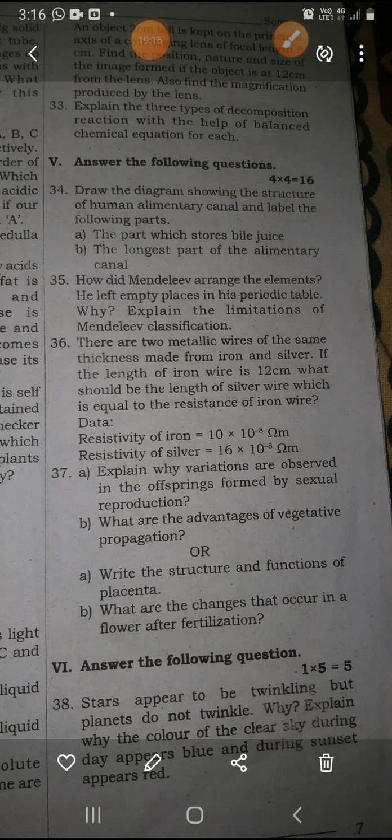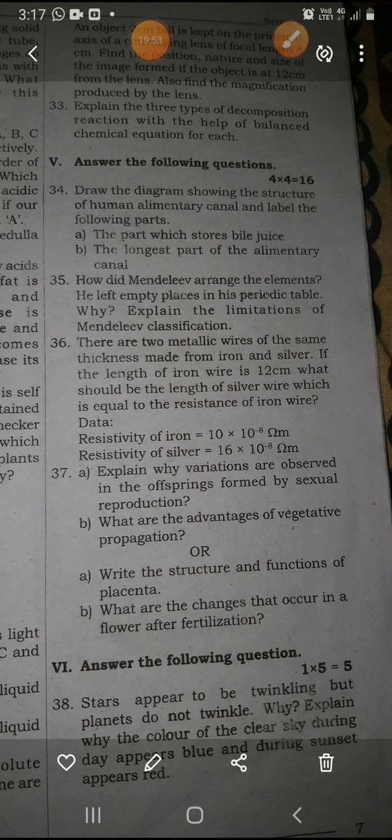Children, let's try to discuss something about this answer. You know that when scientists started arranging the elements, there was Newland's law of octaves, based on musical notes, which we discussed in a previous class.